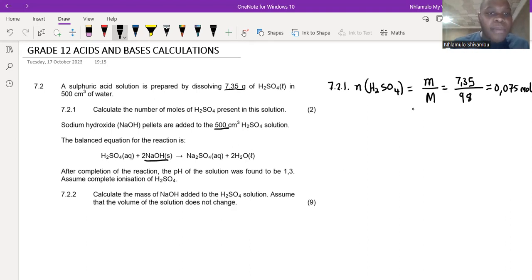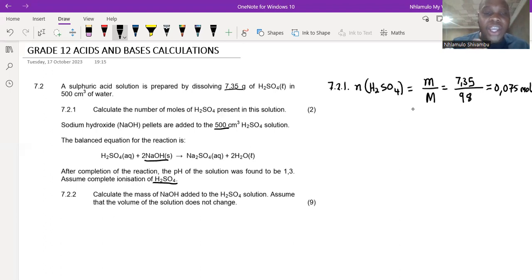After the completion of the reaction, the pH of the solution was found to be 1,3. Then we assume complete ionization of H2SO4. Why do we have to assume this complete ionization of H2SO4?